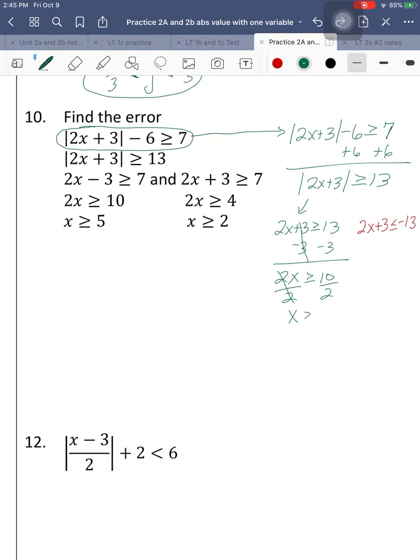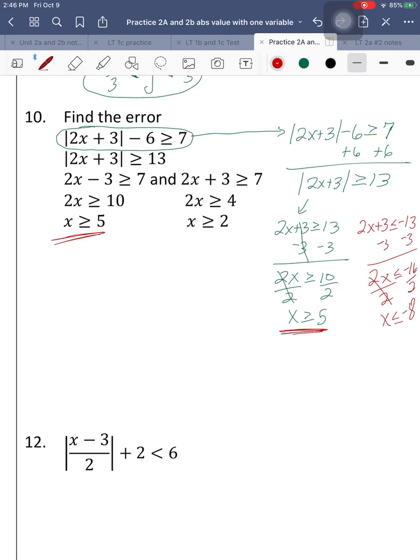I'm going to keep solving. I divided by a positive number so I don't switch the inequality. I'm going to keep solving until I'm done. Then I'm going to compare. Much easier to compare what we see in front of us. That's a negative 8. All right, so we have x is greater than negative 5.